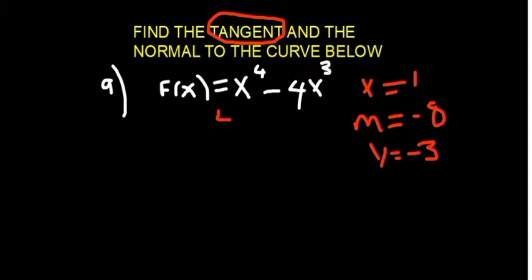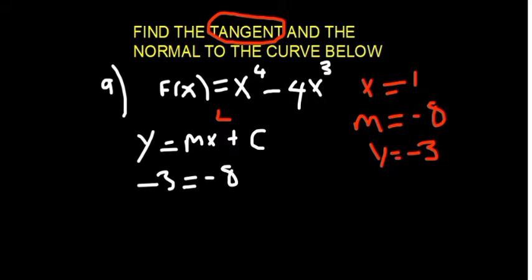From our knowledge of coordinate geometry, we know that this is the form of a straight line. We expect it to be y is equal to mx plus c. So where our y in this case is -3, we found our gradient to be -8, then our x is 1, so plus c. So we're trying to find the constant c, the y intercept, sorry.